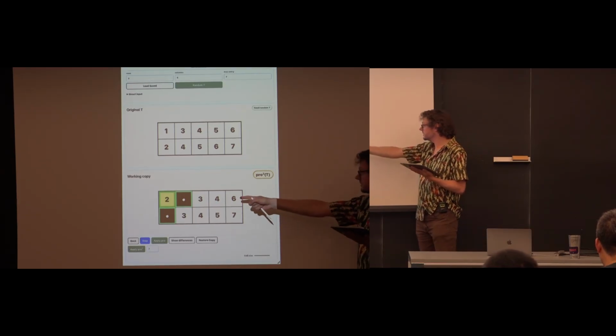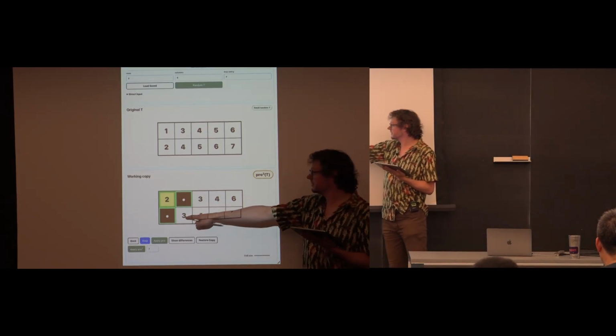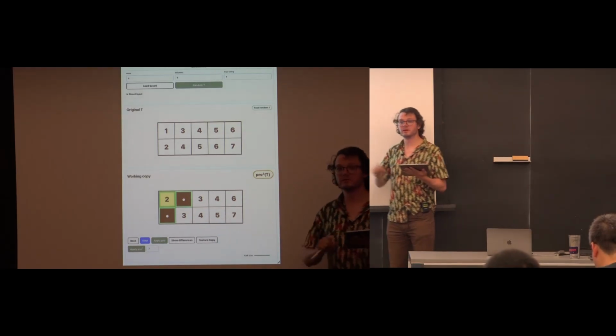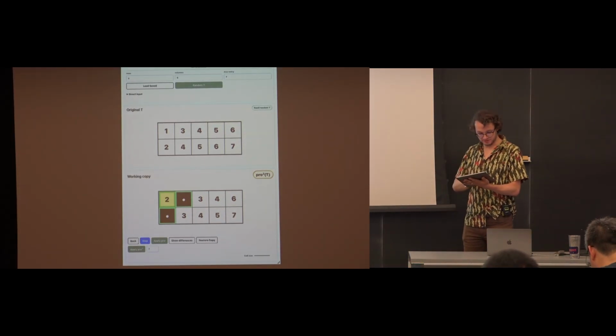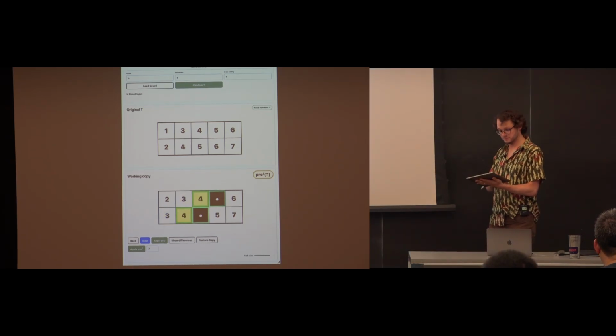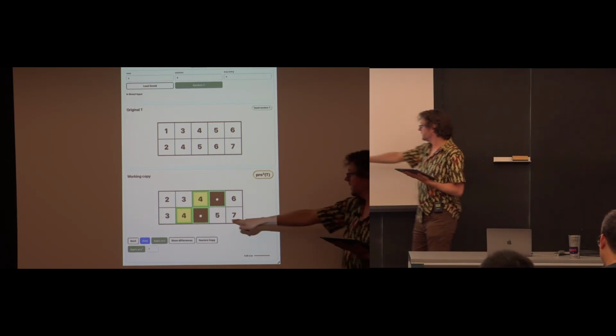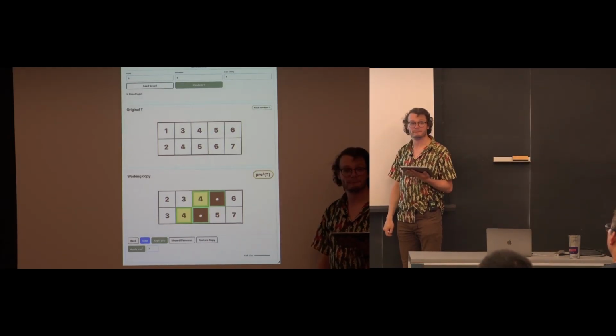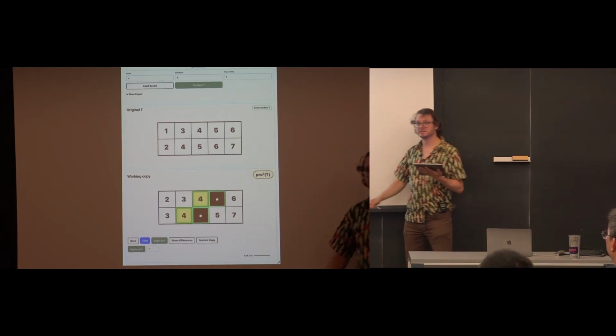Okay, now I have 2 holes I need to fill, but all the 3s want to go in the holes. And I don't really know which 3 is going in that hole, but I don't really care. Okay, I'm going to put 3s in those 2 holes. Okay, and now my 4s are going to go in these holes. And now let's see, 5 definitely wants to slide in here, but 5 also wants to slide up. So it can just do both.